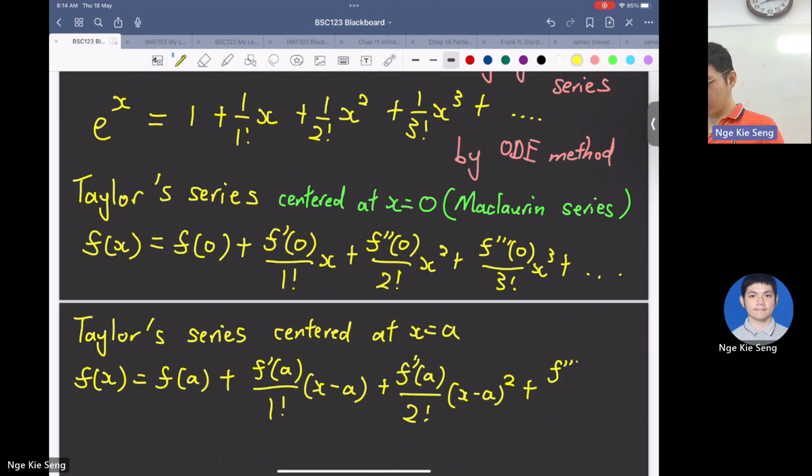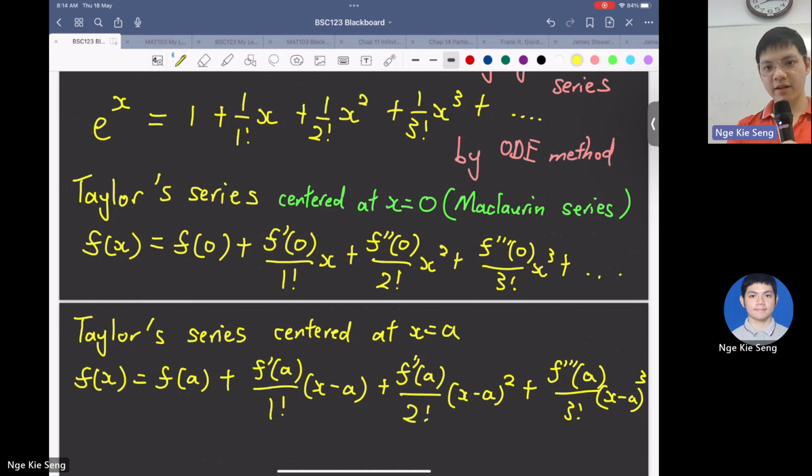By now, you should be familiar with this translation: if you want to move the center, you just shift your x by minus the point.